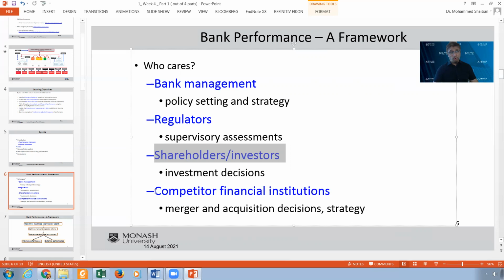They may take you over, or you may take them. They may acquire you, or you acquire them, or maybe you decide to merge, to do mergers. Whatever the situation, this is all based on information. Just to give you one piece of information, in this country we used to have 36 banks before the Asian financial crisis, 1998.